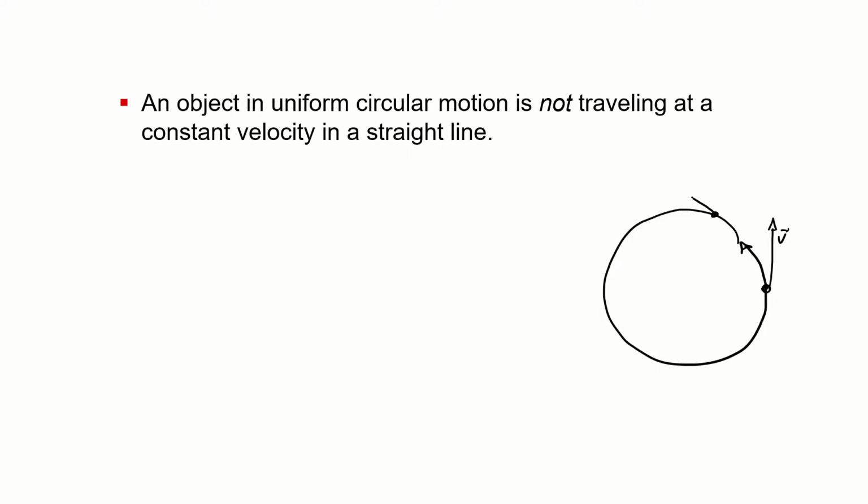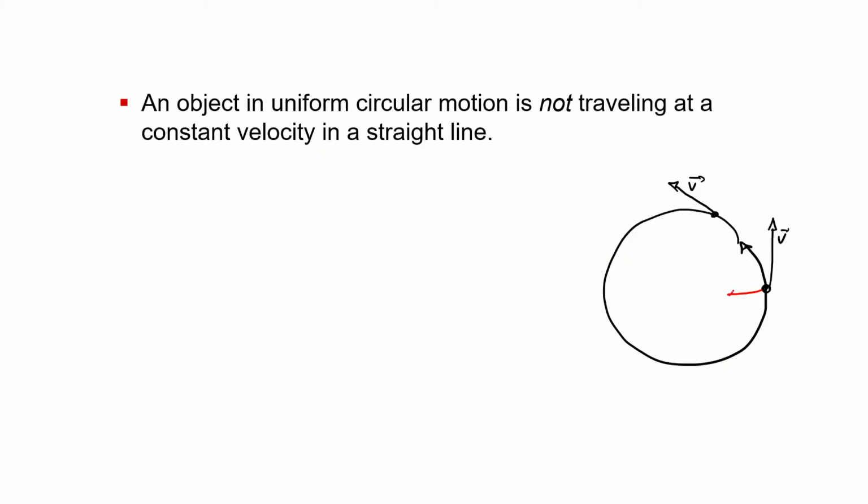When it's over here, it's got a velocity moving tangential to the circle that way. And even if it's moving at a constant speed, the direction of its velocity is always changing. We discussed this when we were doing kinematic equations and describing objects moving in circles, right?